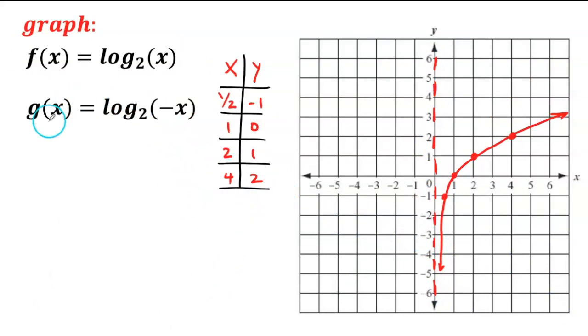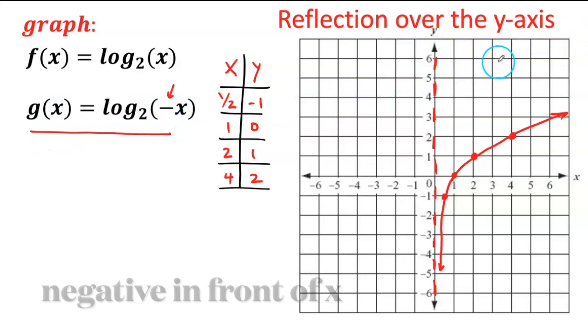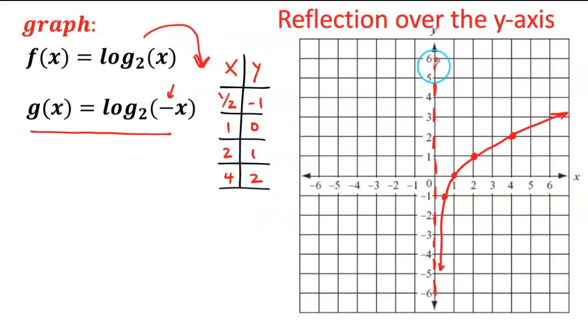The first transformation that we're going to have is x is negative, that's going to be a reflection over the y-axis. If this is the table of values for my log function, and this is my vertical asymptote, and this is my logarithmic function, if I'm doing a reflection over the y-axis, that means every single point is going to be reflected over the y-axis.